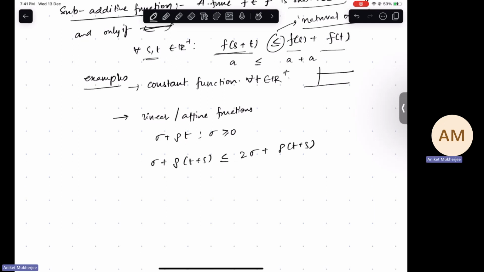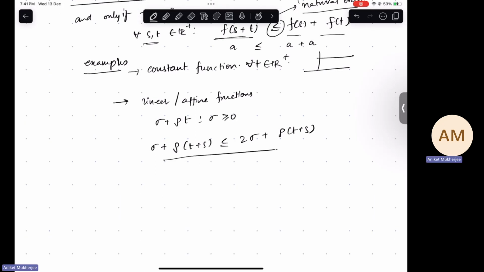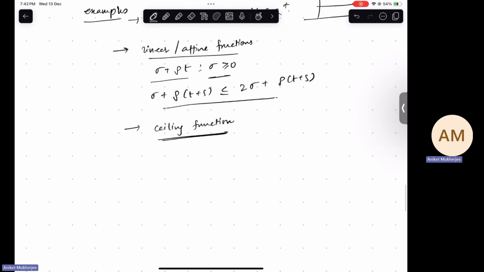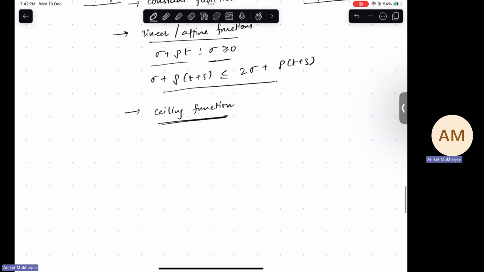So if rho is greater than 0, 2 rho is greater than rho, which satisfies it. So any linear or affine function in the form rho plus sigma t, where sigma is greater than or equal to 0. The ceiling function is also a subadditive function, right?